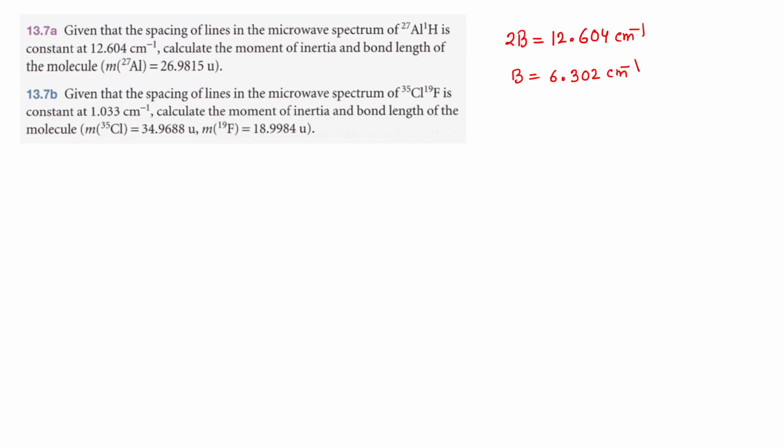Anyway, I'm not solving the question, but look at both the questions 13.7a and 13.7b. Can you see the change in the values of the rotational constant? Which rotational constant is relatively higher? What do you think?